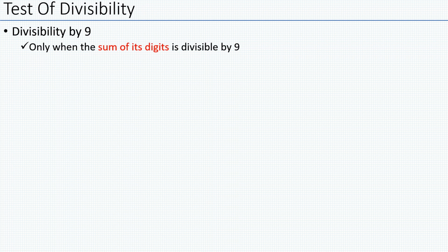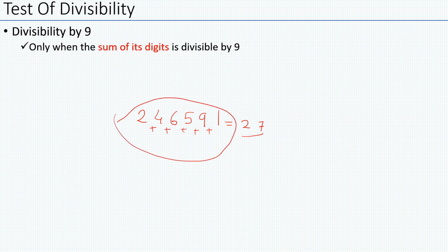Let's see an example, 246591. You cannot directly say whether it is divisible by 9 or not, but if you add the digits, 2 plus 4 is 6, plus 6, plus 5, plus 9, plus 1, is equal to 27, and 27 is divisible by 9. We know that it is divisible. That's why this whole number is divisible by 9.